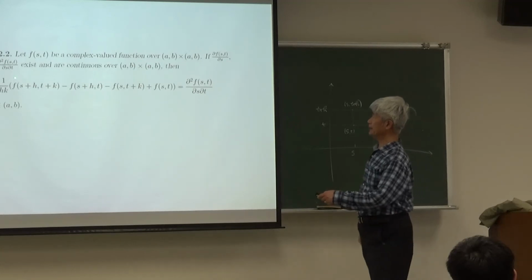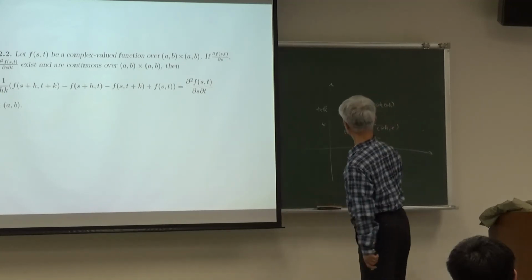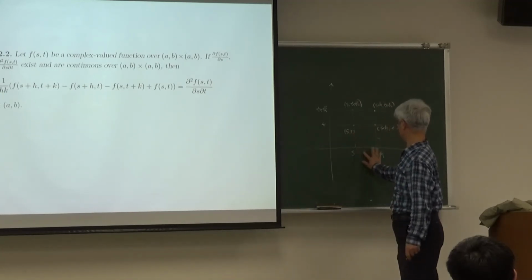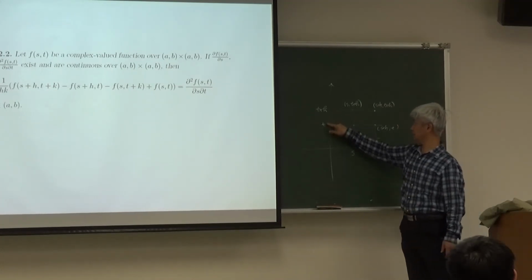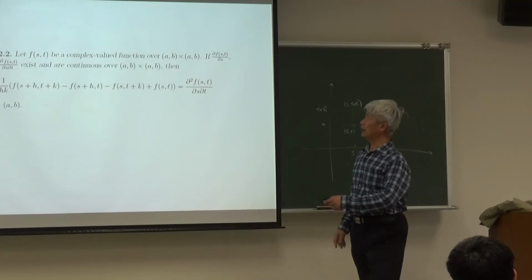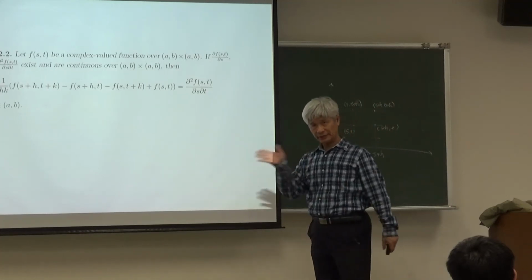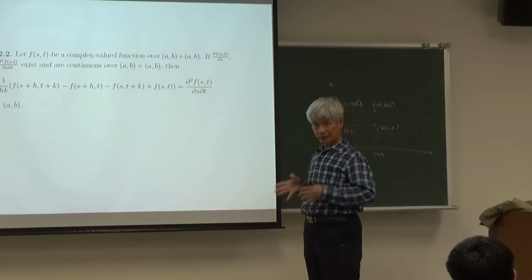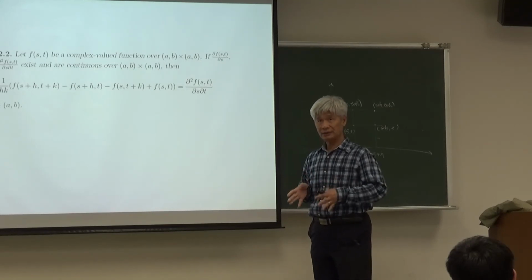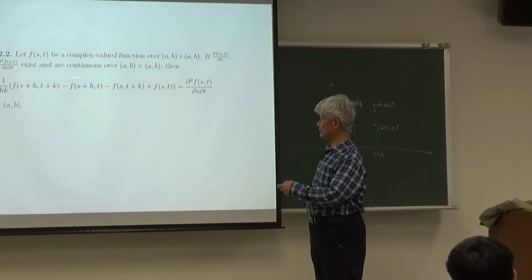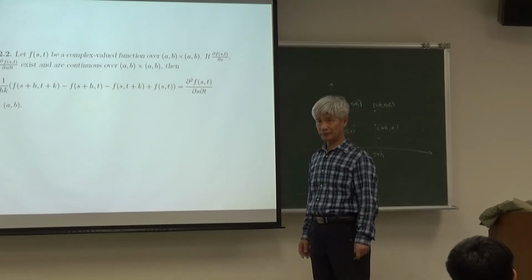Okay. All right, divide by hk. So the length of this segment is h, the length of this segment is k. And we let h and k go to 0. So it's a direct computation. Okay, it's a direct computation. And this element is equal to the mixed type partial derivative.